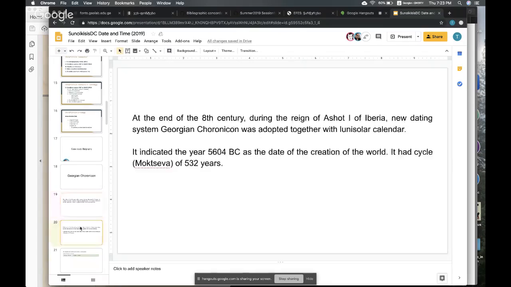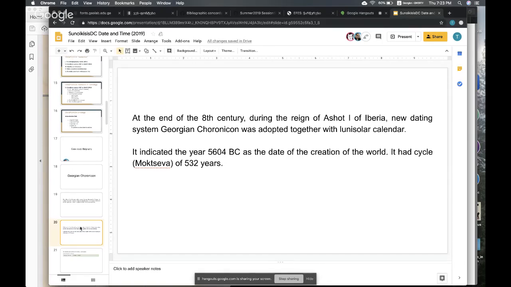The Georgian dating system, Chronicon, was adopted together with the lunisolar calendar at the end of the 8th century during the reign of Ashot I of Iberia, and it indicated the year 5604 BC as the date of the creation of the world, and it had a cycle or moktseva of 532 years.